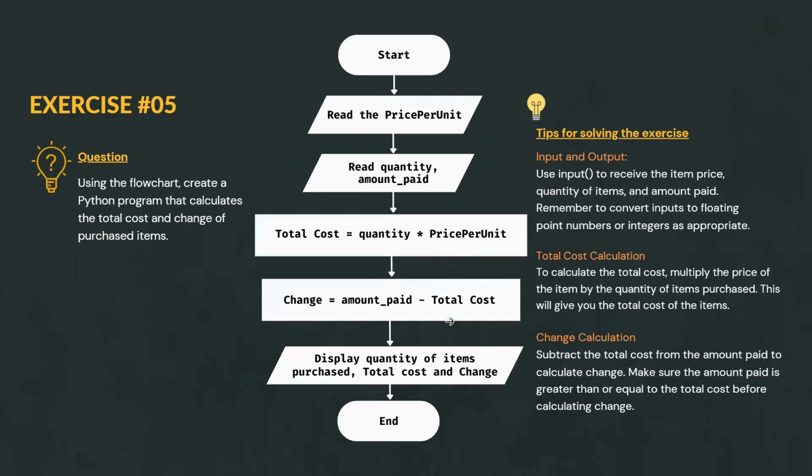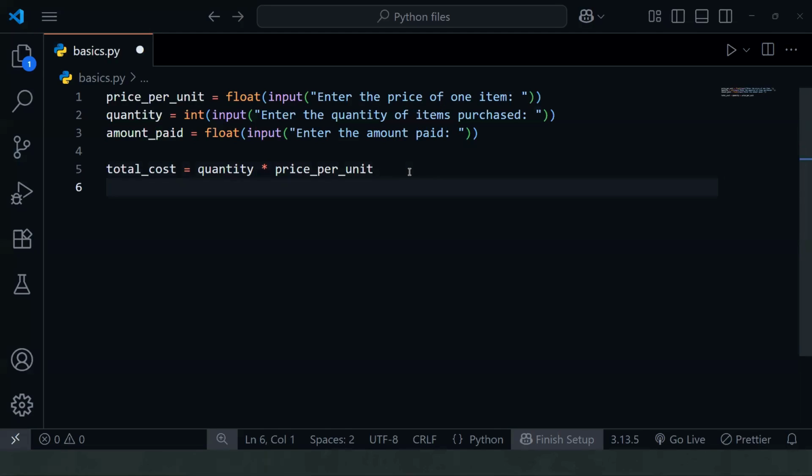But wait, we should only calculate change if the amount paid is enough to cover the total cost. Otherwise, we can show a friendly message, something like this. So, in order to calculate the change, if the amount paid is enough to cover the expenses, then here we are going to use an if condition.